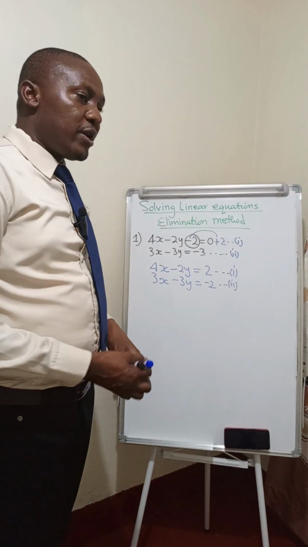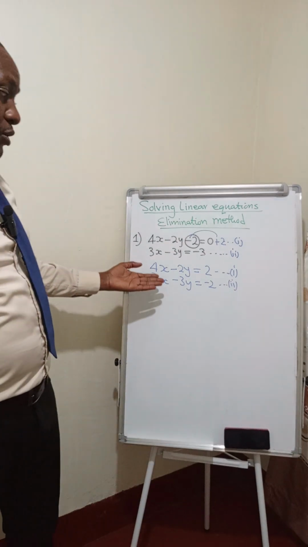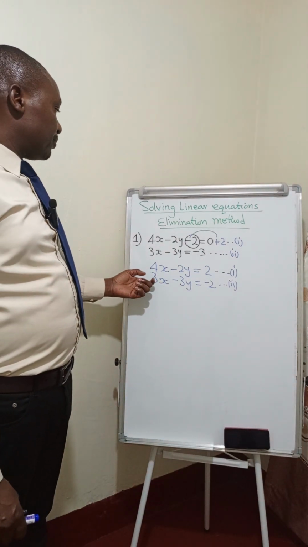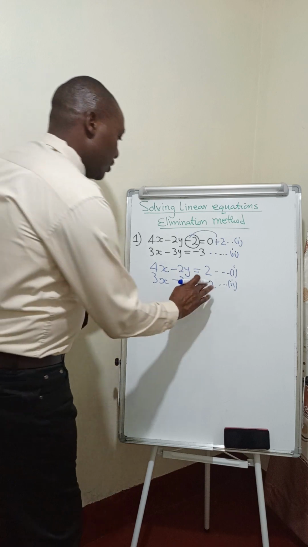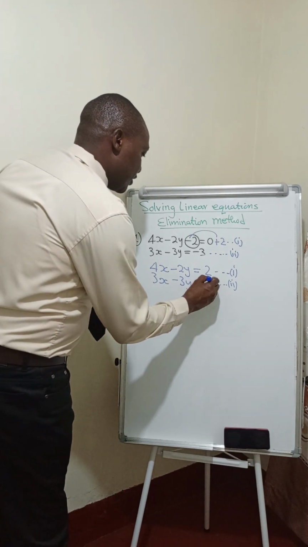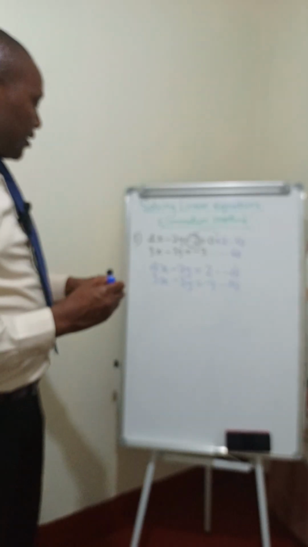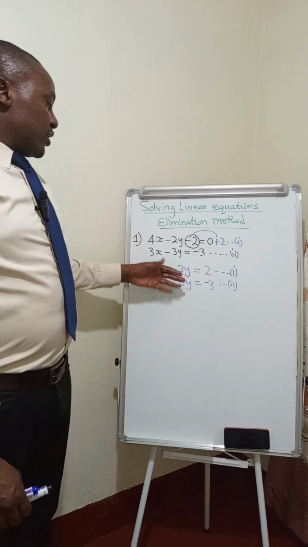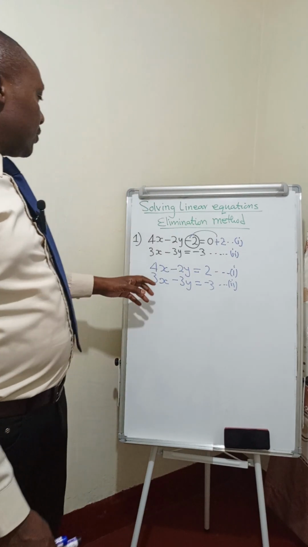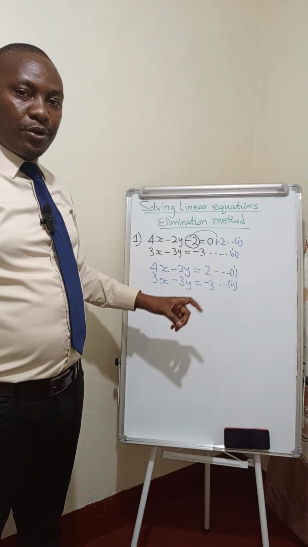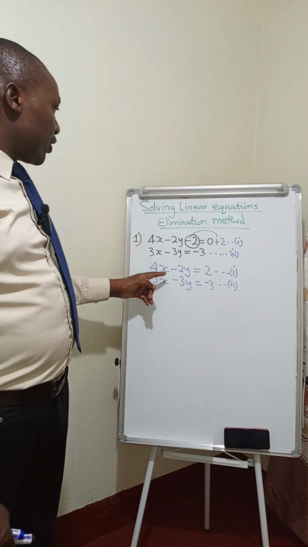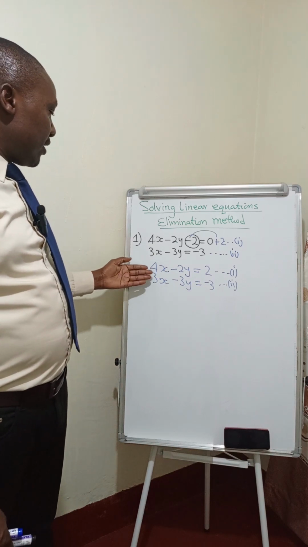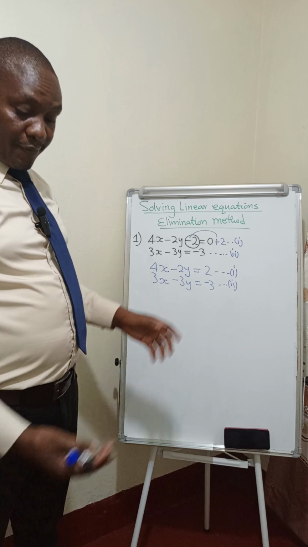The reason I brought this question on board is that this one should be -3. Now, we said that we are using the elimination method, so let's find how we can eliminate either x or y.